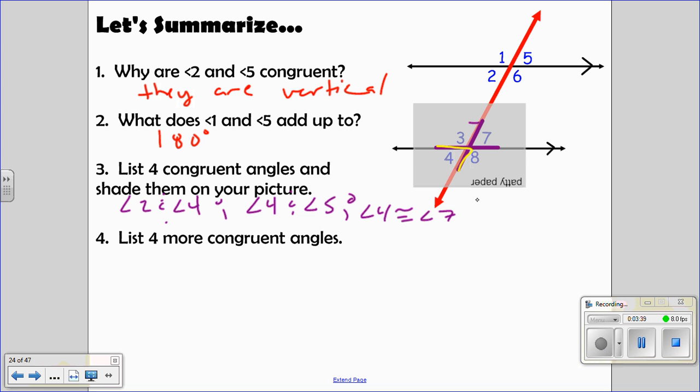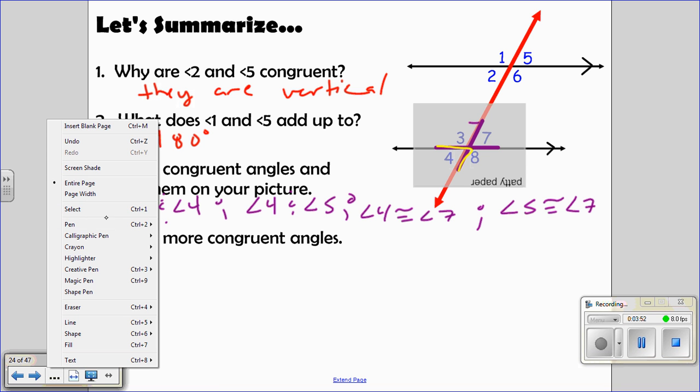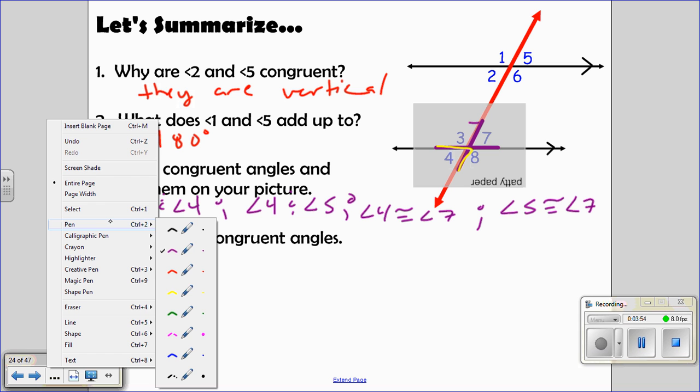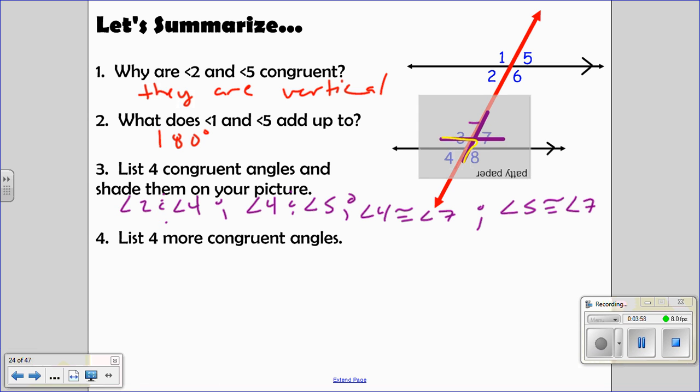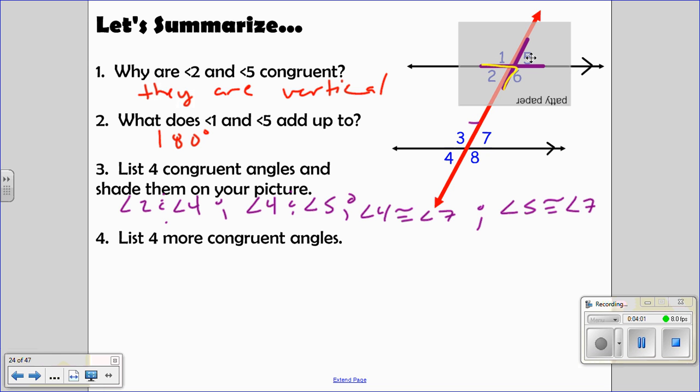And I could also do angle 5 is congruent to angle 7. Again, if I were to move my patty paper back up to the top, where we started, 5 and 7 are in the same position.